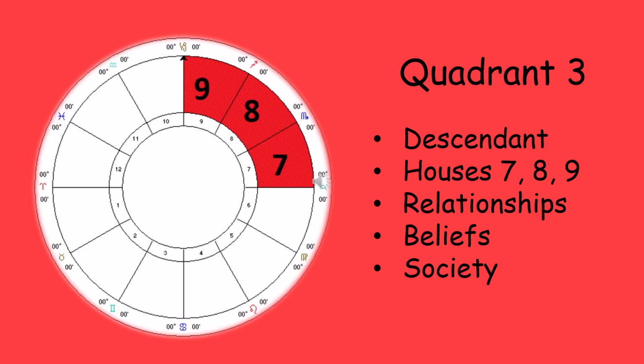Quadrant 3 begins with the descendant and is comprised of houses 7, 8, and 9. The focus of quadrant 3 is that of relationships.